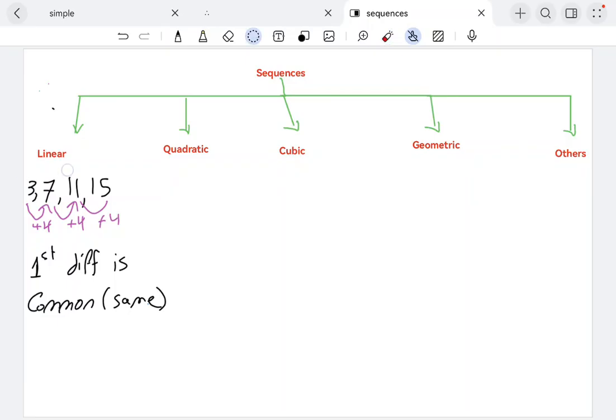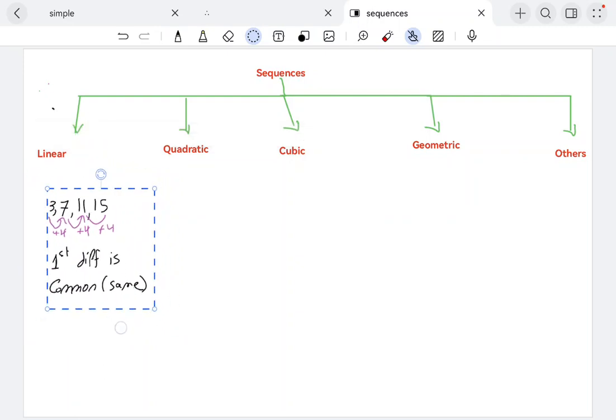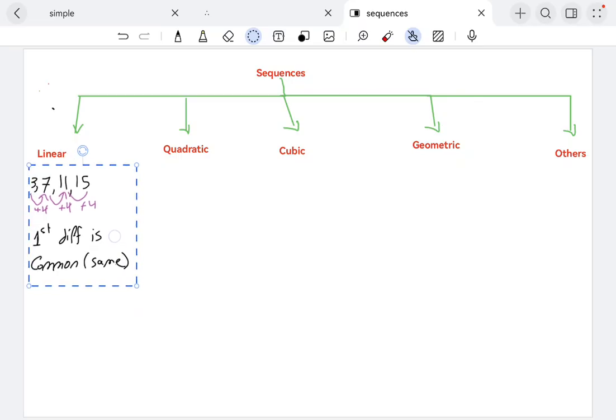Okay, let's quickly go to quadratic sequence, but let's just resize here so we can have some space. Okay, here we are. Quadratic sequence is when you have the second difference is constant, not the first one.